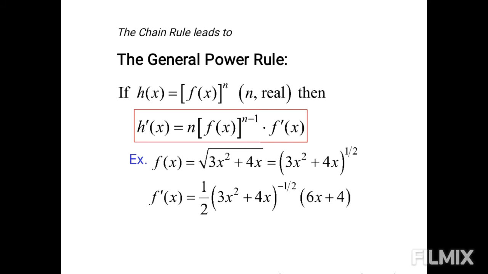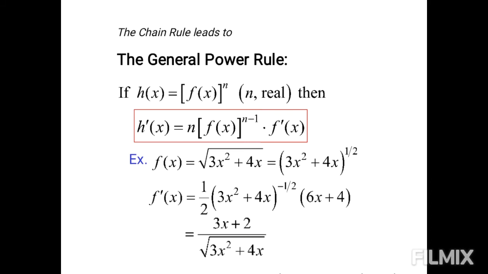So we have 1/2 times the quantity 3x squared plus 4x. Then subtract 1 from this exponent 1/2. That's why we have negative 1/2 here as our exponent. And multiply by the derivative of this quantity 3x squared plus 4x. The derivative of 3x squared is 6x, and the derivative of 4x is 4.